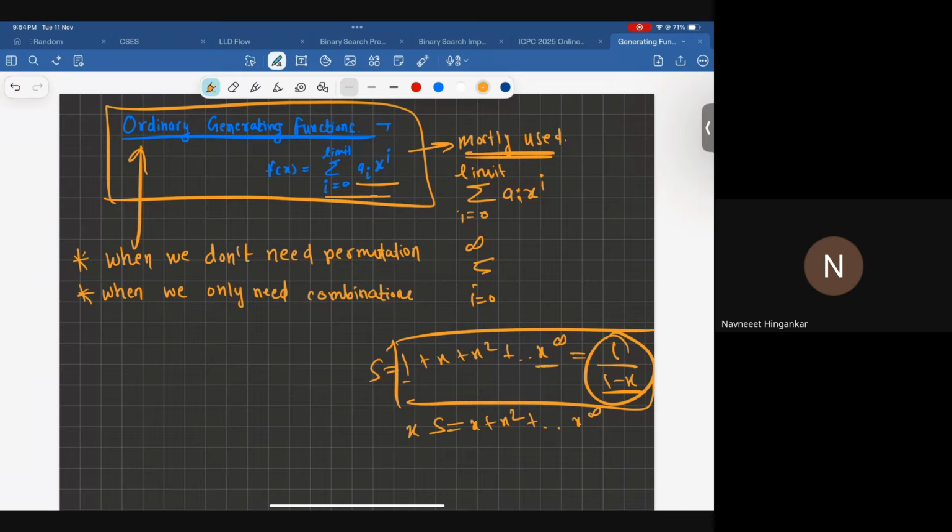But using generating function, it's very easy. Just write the state map like this, a_i x to the power i, and just multiply those polynomials wherever you need, basically. And the tasks that you will give will cross verify that we have understood the generating functions, right?